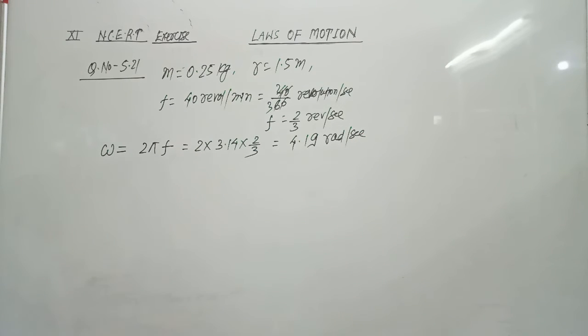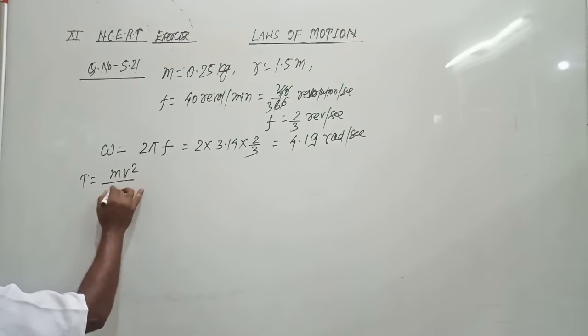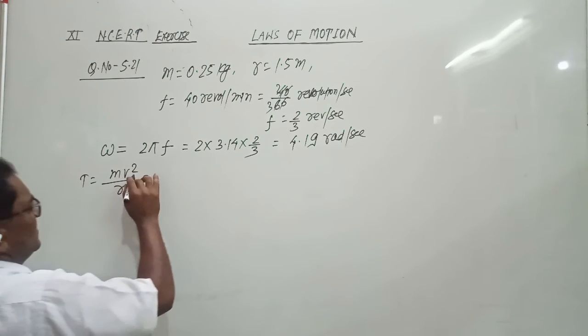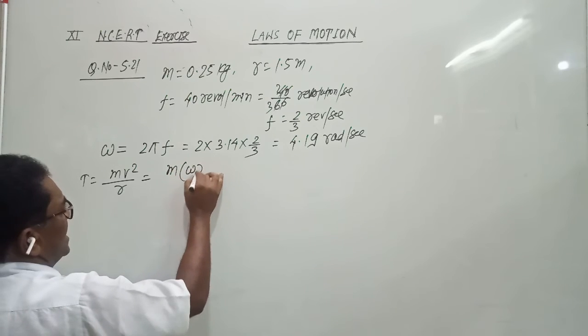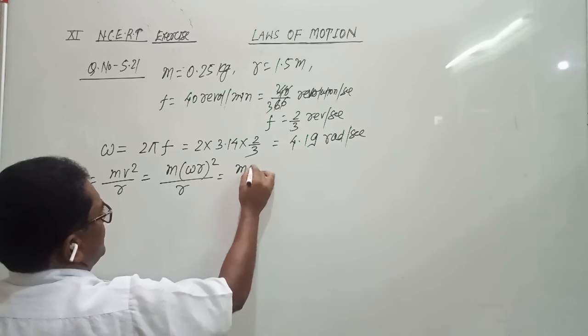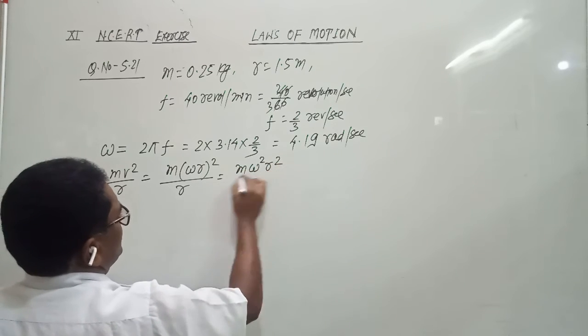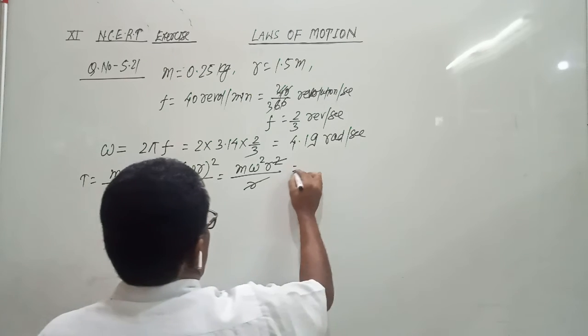Now we have to find the tension. The formula for tension is mv square by r. But v equals omega into r, so m omega square r square upon r, where one r gets cancelled. So m into omega square into r.